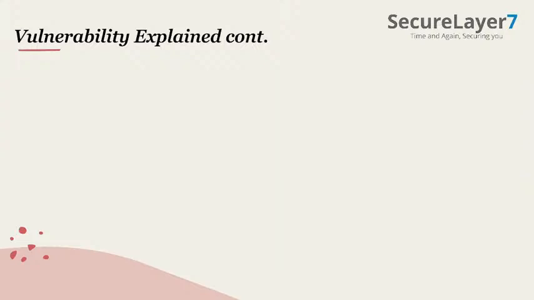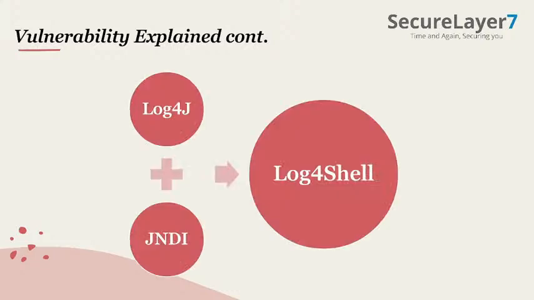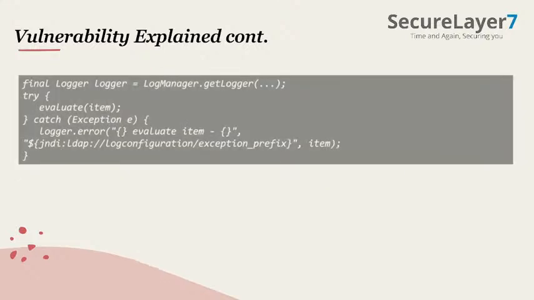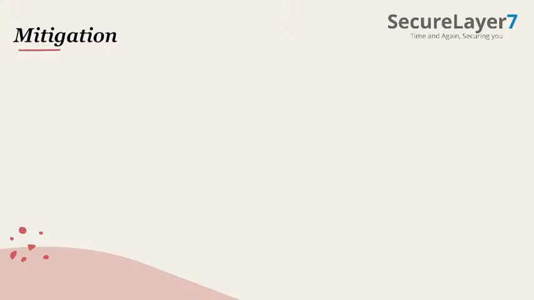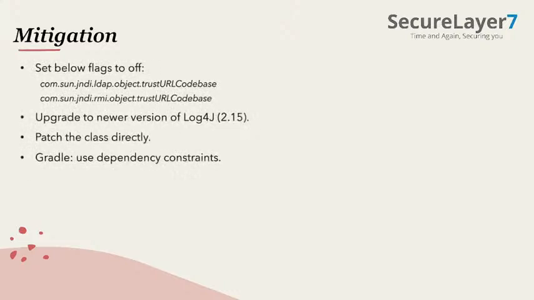So as I said in the previous slide, both components, Log4j and JNDI, are not vulnerable in themselves, but when they are merged together into Log4j, at that time Log4Shell happens, right? So I hope you have much more clarity on what exactly this vulnerability is and why it occurs, okay?